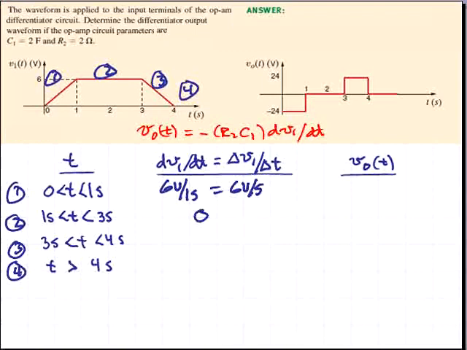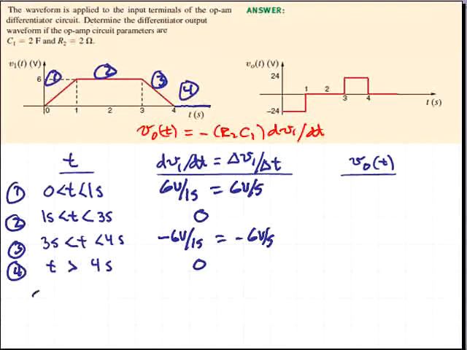In the third interval from 3 seconds to 4 seconds, the waveform returns to 0, so our slope there would be a change of minus 6 volts divided by 1 second, which is minus 6 volts per second. And finally, for time greater than 4 seconds, we'll assume that the waveform is just constant at a 0 value and the slope is 0.